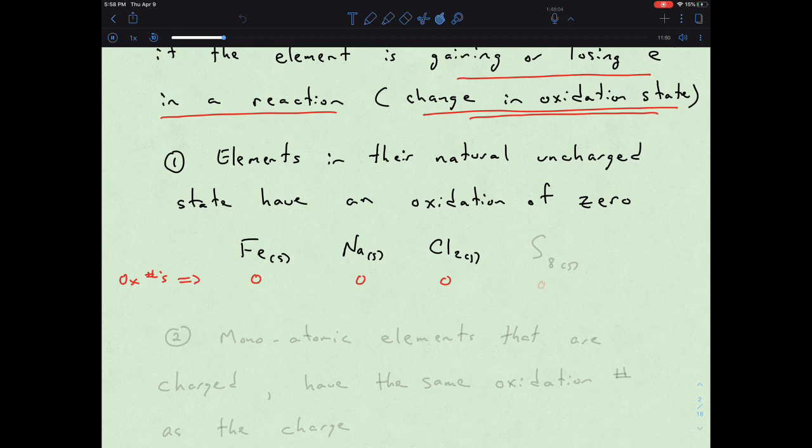And there's some weird ones out there, like sulfur. Sulfur exists as S8. But these are all elemental states.